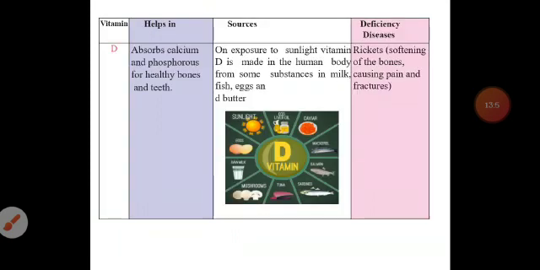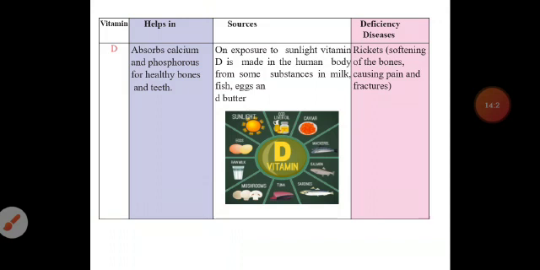Next vitamin is vitamin D. It absorbs calcium and phosphorus for healthy bones and teeth. We get vitamin D from sunlight. If we expose our body to the sunlight, we get vitamin D. And some substances in milk, fish, eggs and butter, in these also vitamin D is present.